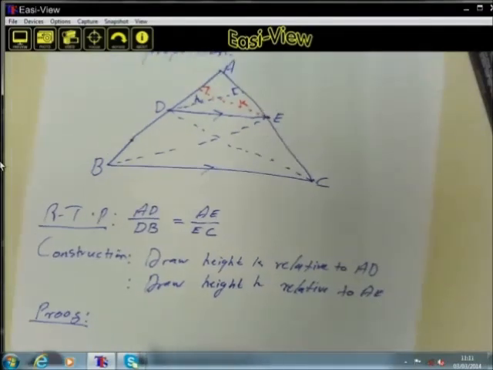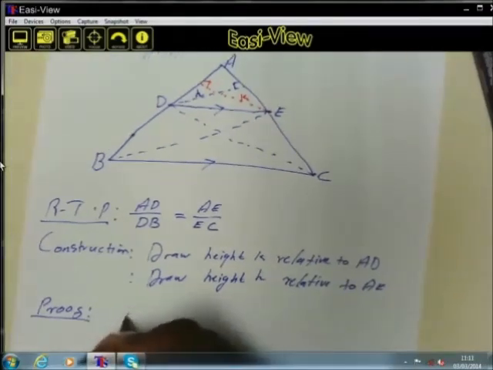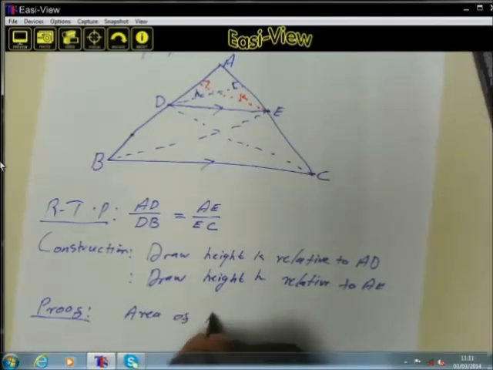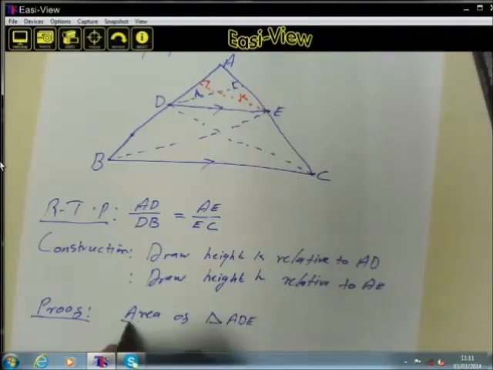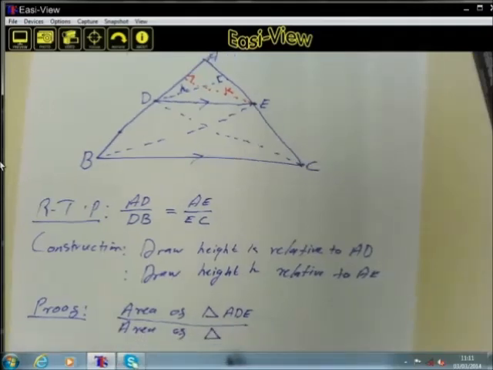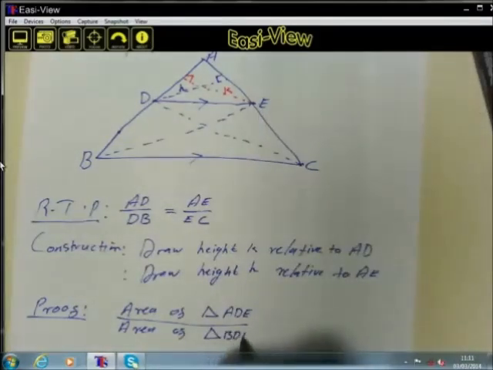Then let's prove: area of triangle ADE divided by area of triangle BDE. Let's work it out.